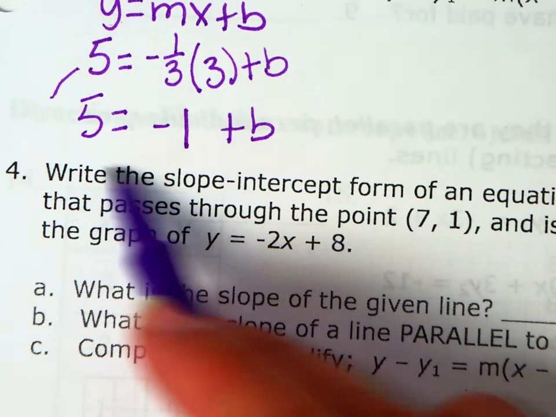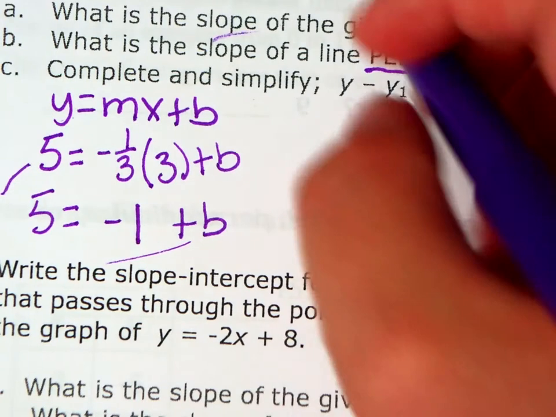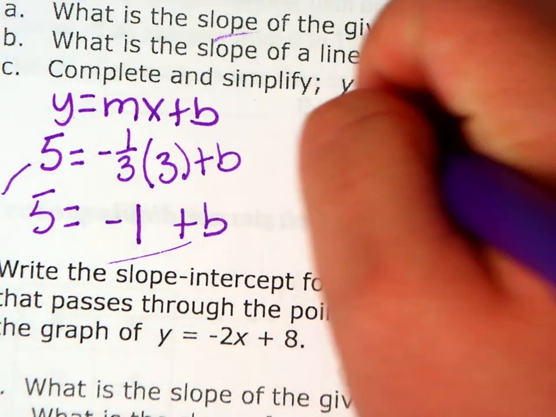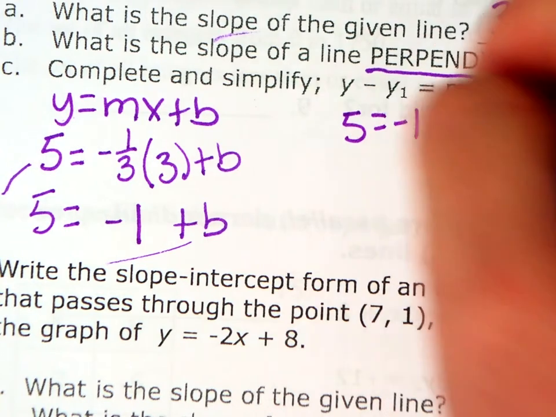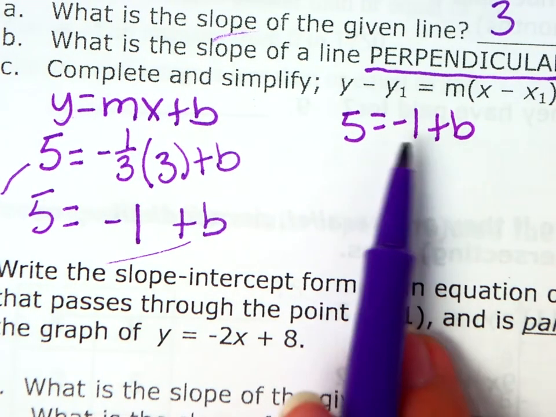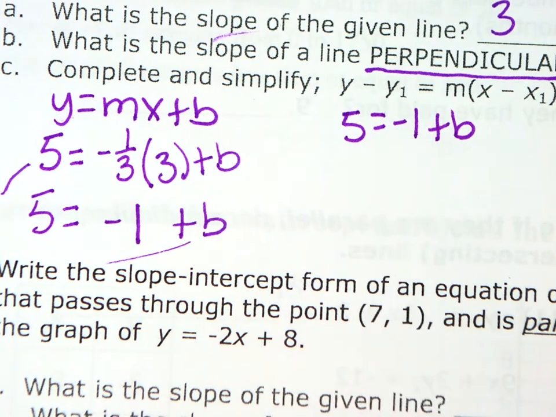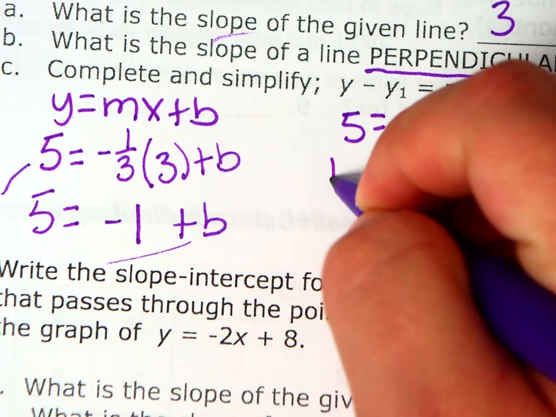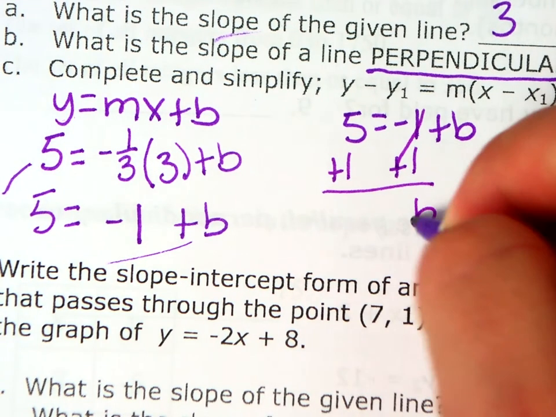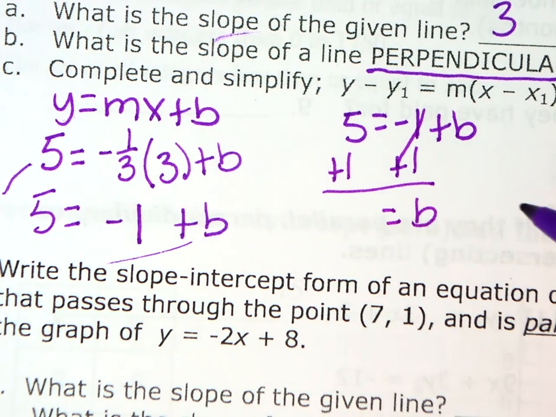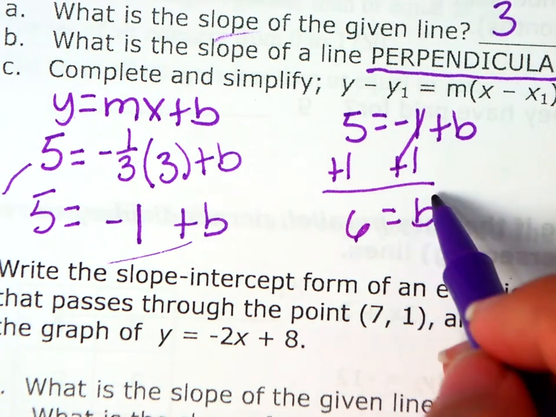Now I'm just going to rewrite this up here. 5 is equal to negative 1 plus b. I want b by itself. So what do I have to do to that negative 1? Add 1 to both sides. B is equal to what? Good. So you have your b.